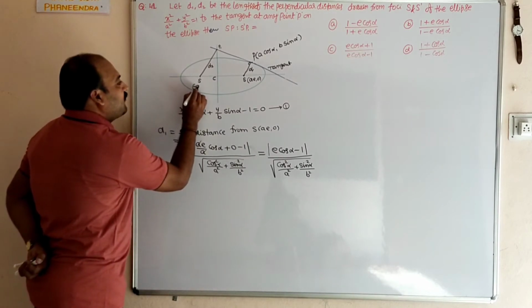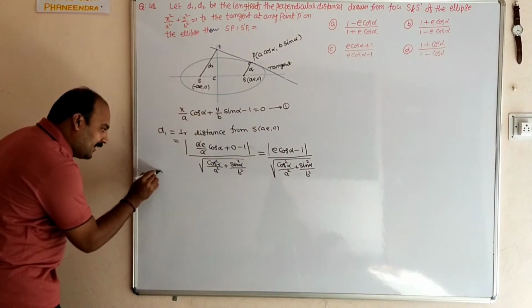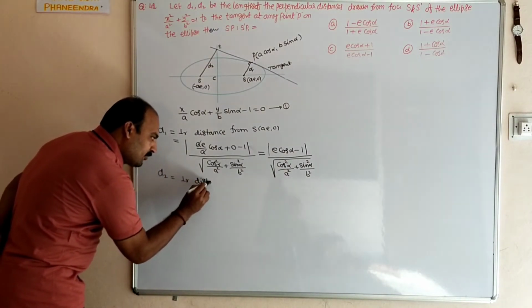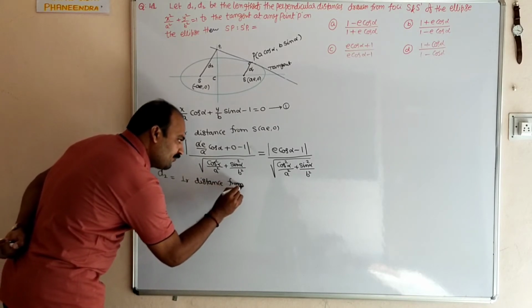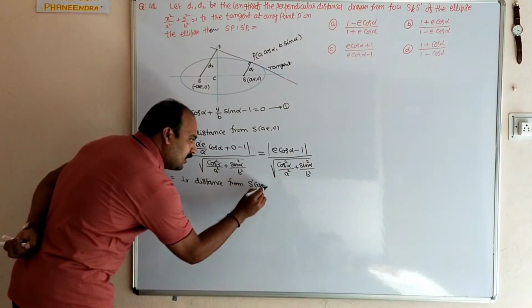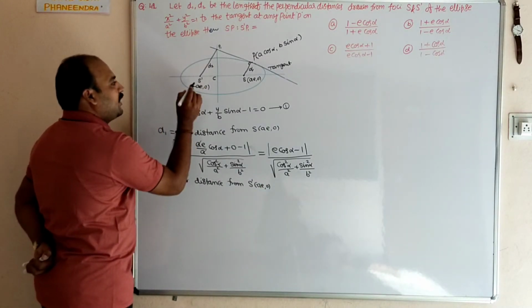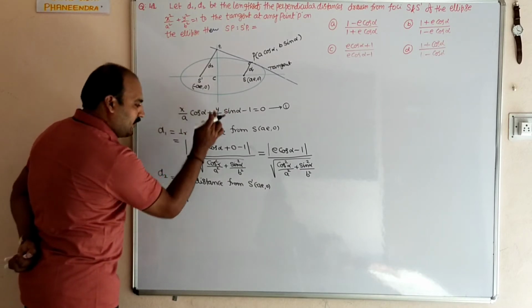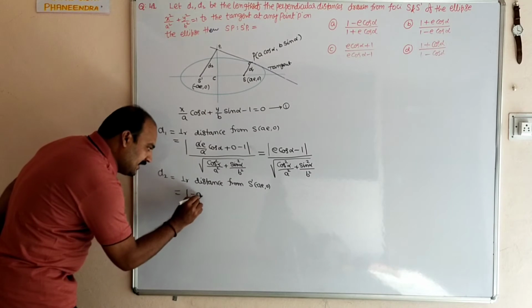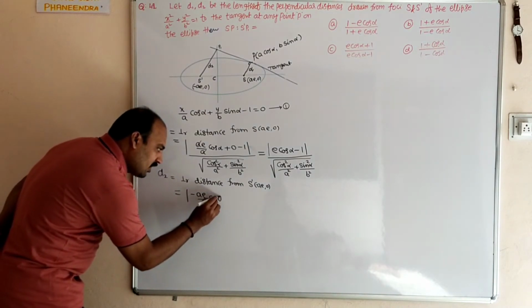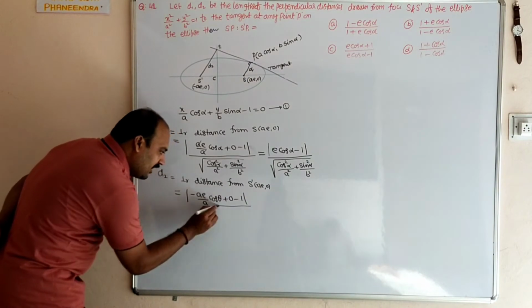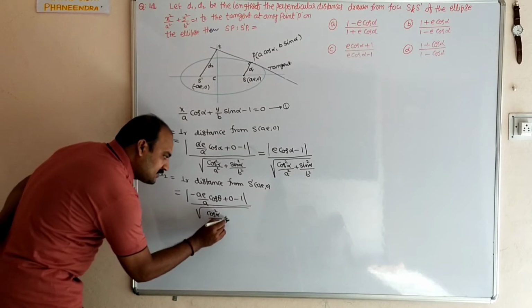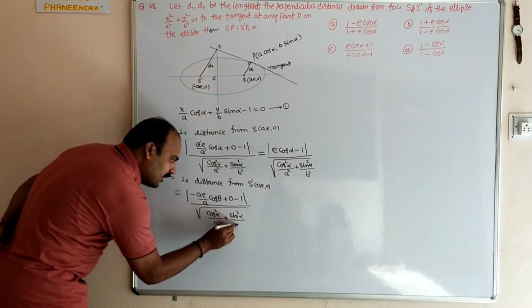Similarly, from the other focus minus AE comma 0, you have to calculate the perpendicular distance. From S dash of minus AE comma 0, in place of x comma y, minus AE comma 0. So minus AE by A cos alpha plus 0 minus 1 divided by root of cos square alpha by a square plus sin square alpha by b square.